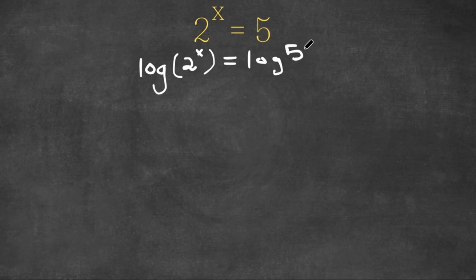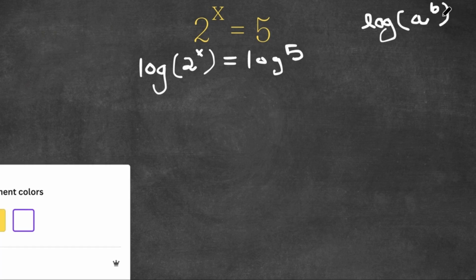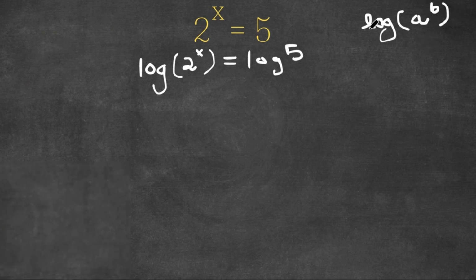Now, an important property of logarithms states that if we have a logarithm in the form log a to the power of b, the power property of logarithms states that I can actually move b, our exponent, to the front of the logarithm.